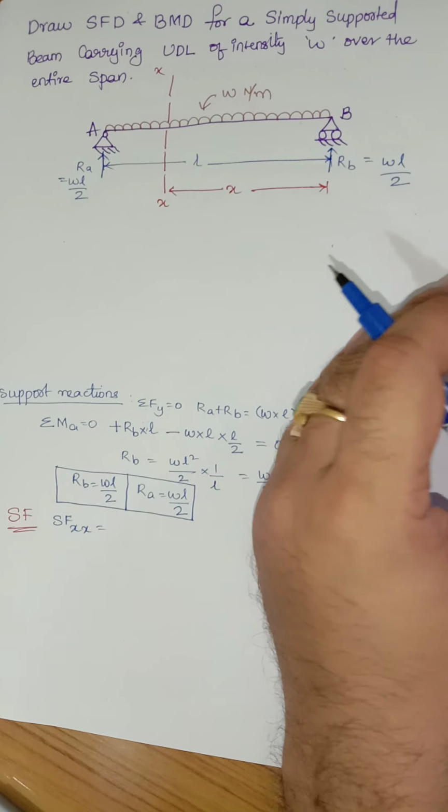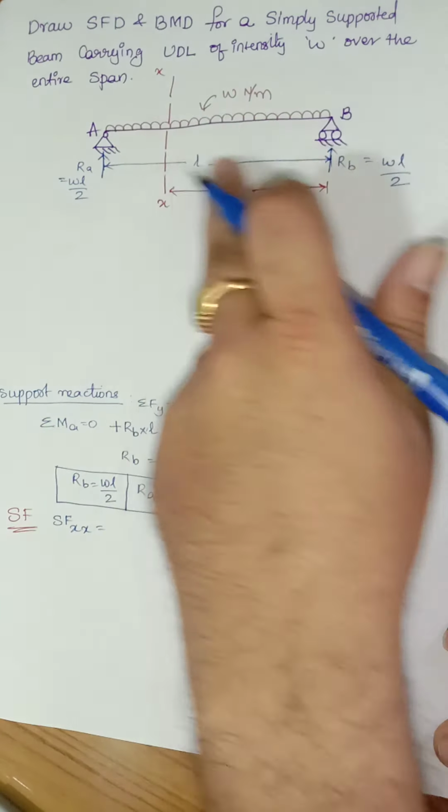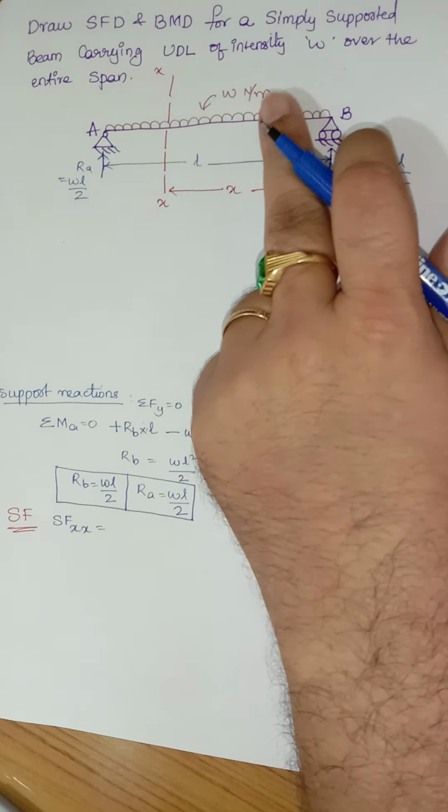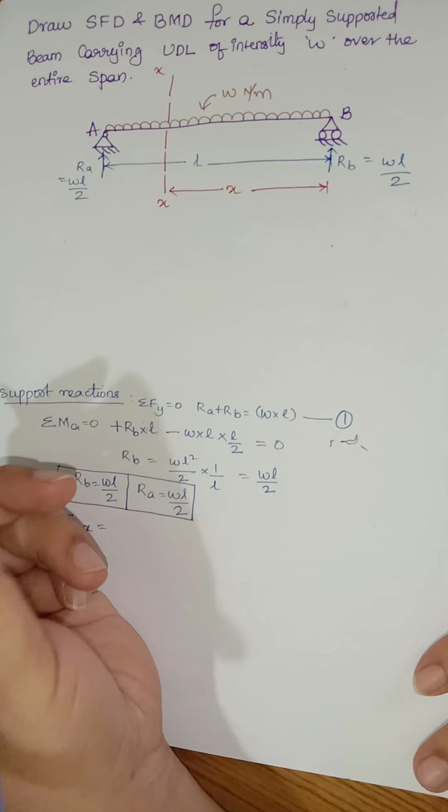Towards the right side of the section we have two forces here. One is RB, the other one is the UDL. Right side downwards should be taken as positive, right side upward should be taken as negative.